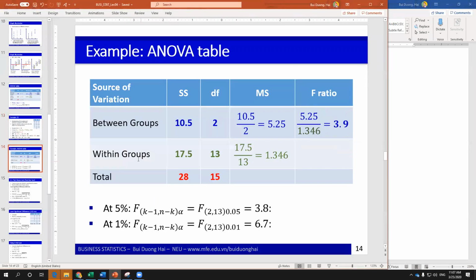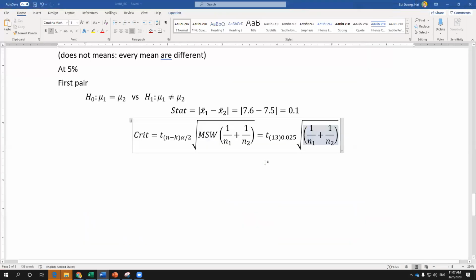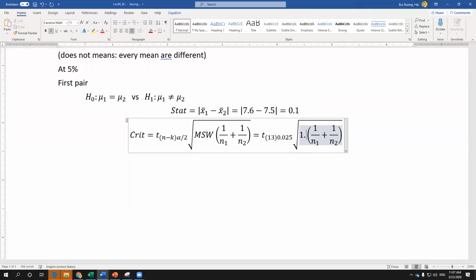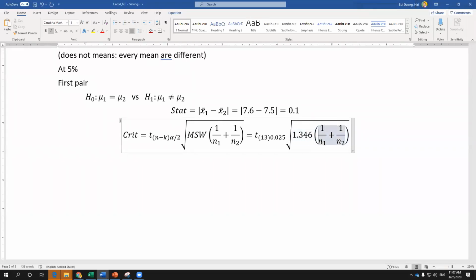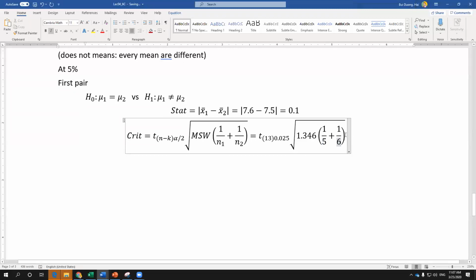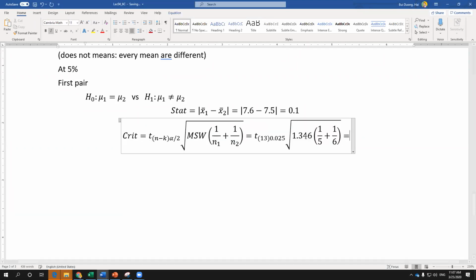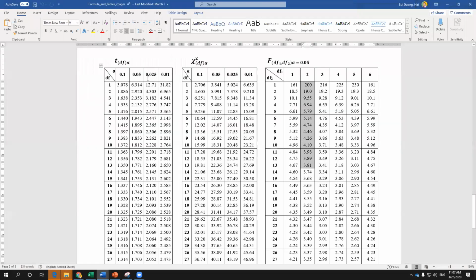Open your slide, MSW here, 1.346. N1 is 6 and N2 is 6. But now t, how much? Open the table, 0.025, 13, 2.16.